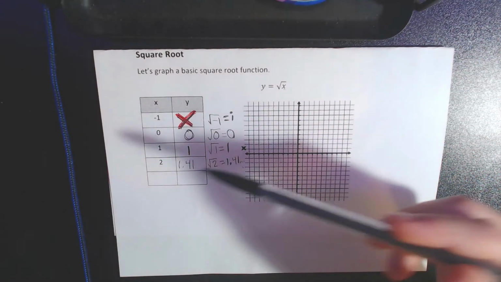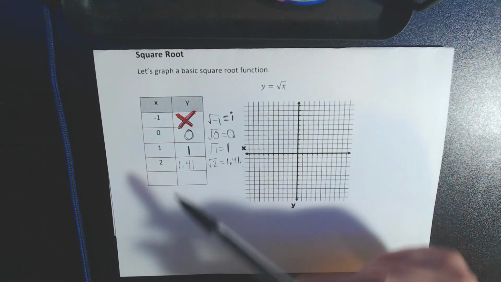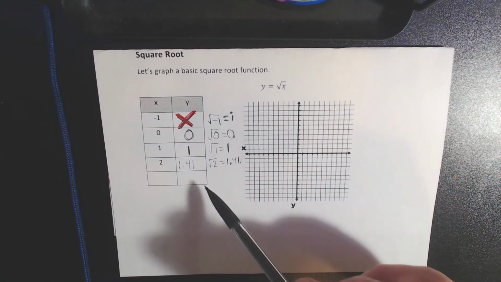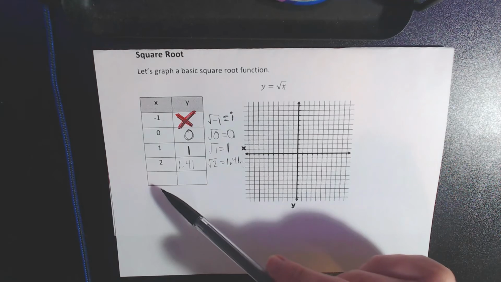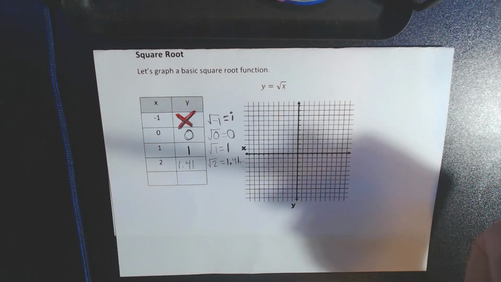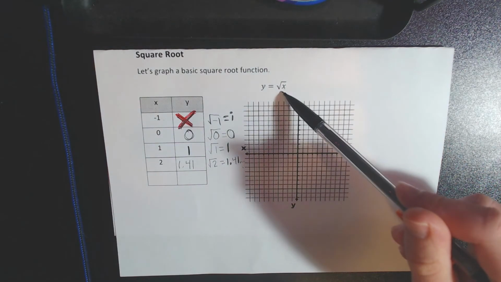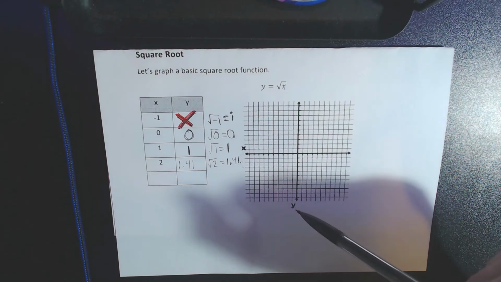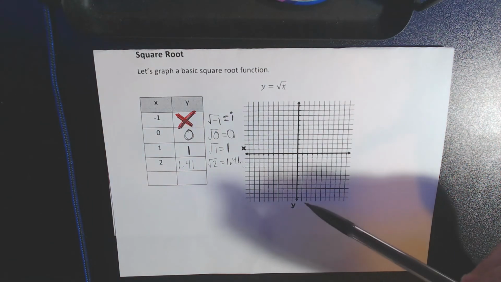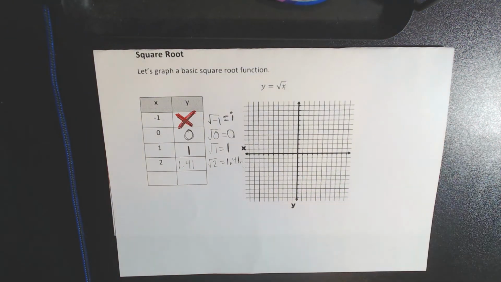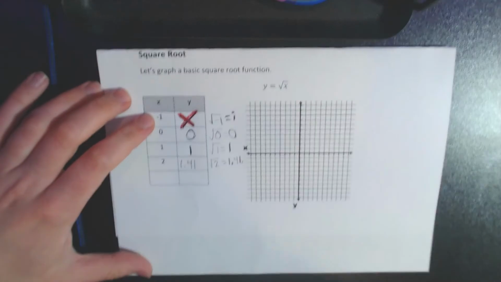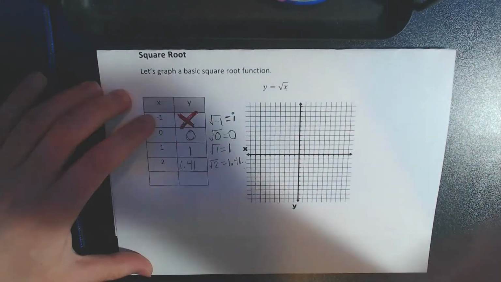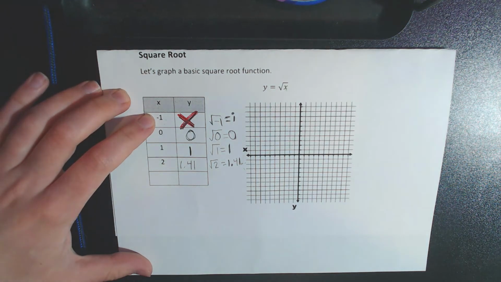Now, I do want us to think about what is one more point we could find along this graph. I could plug in 3 to find another point on the graph, but when I do the square root of 3, that again is going to be a really nasty decimal value for the point. What number can you plug in for x here to get a nice whole number? What's a number that you can take a square root of and get a really nice number?